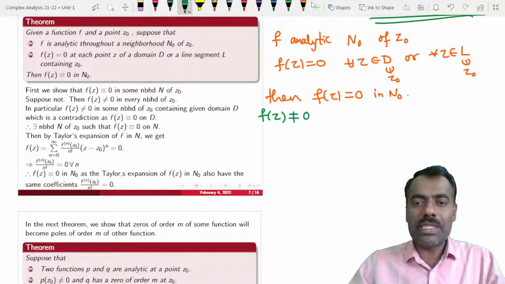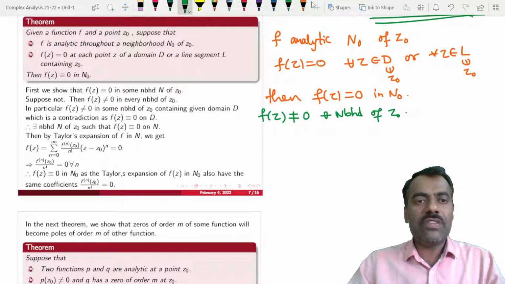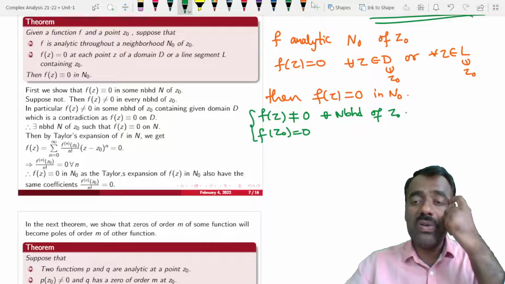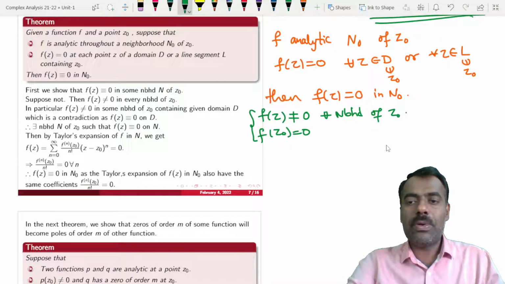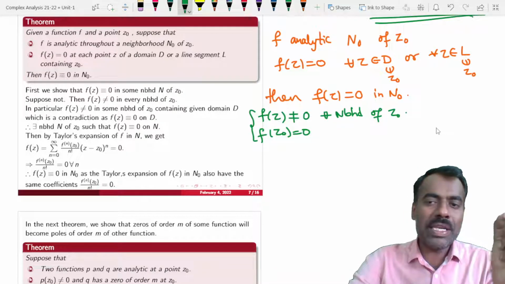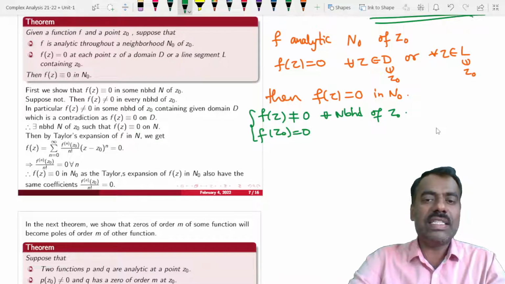Suppose not, so that means f of z is not equal to 0 in every neighborhood of z naught, okay. But we know that f of z naught is equal to 0 because z naught is a particular point of D, also a point of L. So we know f of z naught is equal to 0, but f of z is not equal to 0 in every neighborhood of z naught. That means at least there is one point in that neighborhood where f of z is non-zero, okay.